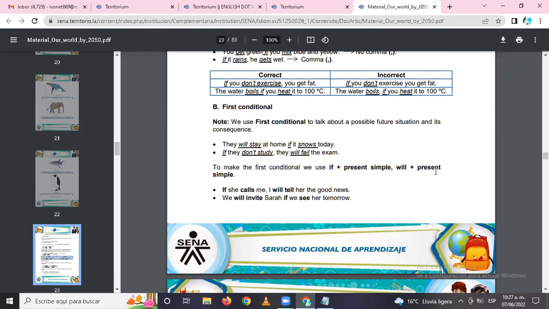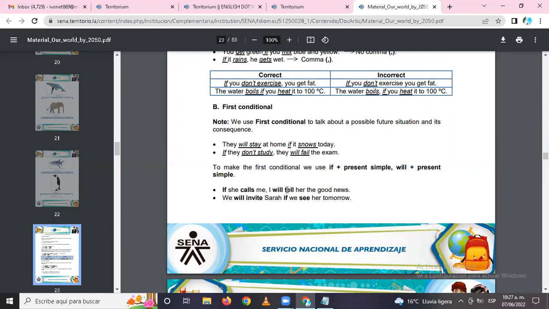Aquí dice present simple, pero realmente es will, y el verbo en infinitivo. ¿Cierto? Aquí esto es un error, una imprecisión. If she calls me, I will tell her the good news.